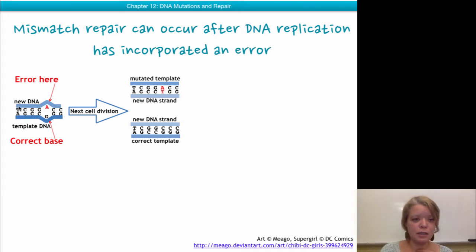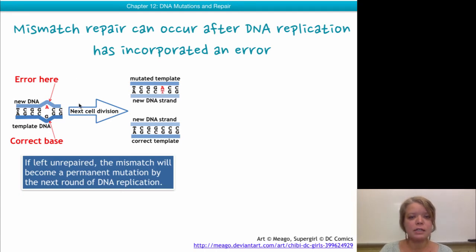So you guys can see here that this is the correct base G, and here the DNA polymerase, while replicating the DNA, has incorporated by mistake an incorrect base and then did not proofread it, but moved on, leaving an A here instead of the proper C. If left unrepaired and the next cell division is allowed to occur, so the DNA gets to be replicated again, this lighter blue strand will serve as a template for DNA synthesis and will result in an incorrect base pairing on the new strand, because that's all DNA polymerase can do.